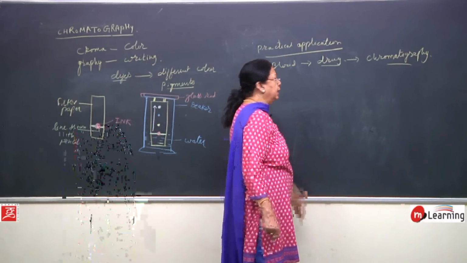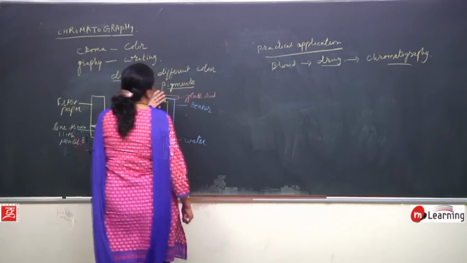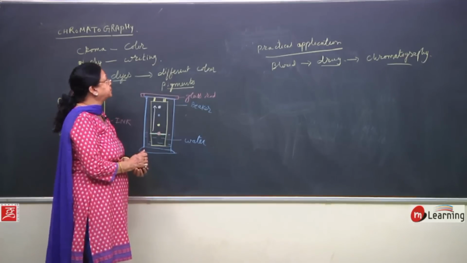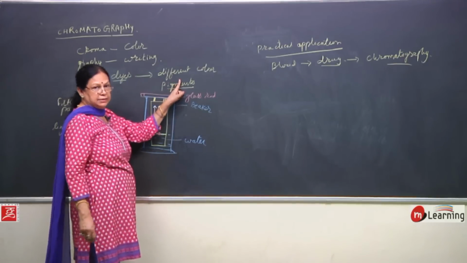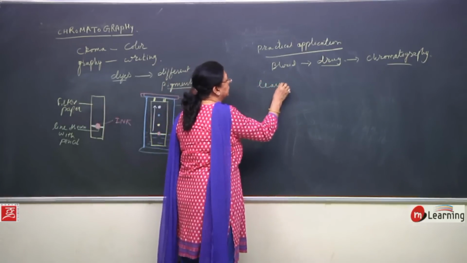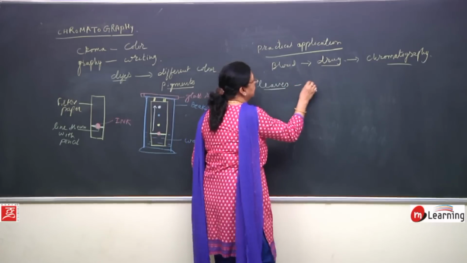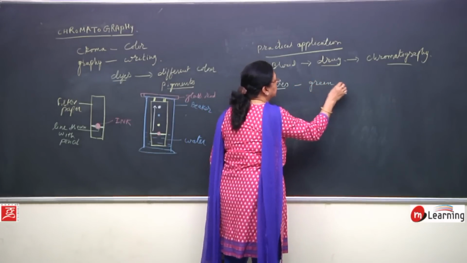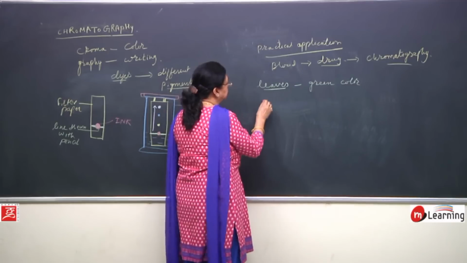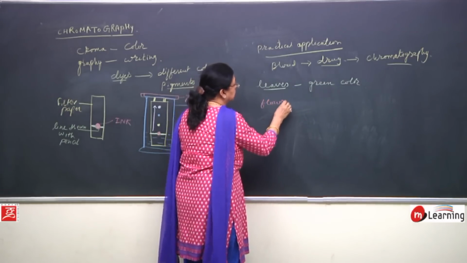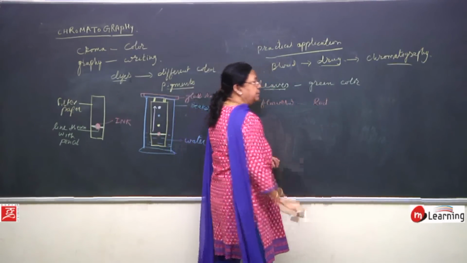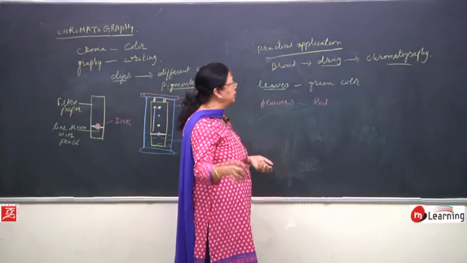And also you can separate the pigments which are present in natural dyes. You see leaves. Leaves are green in color. Then flowers, usually they are red in color. There may be some yellow also, purple also, right.